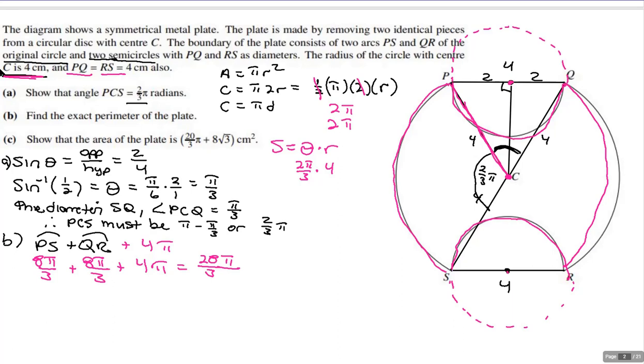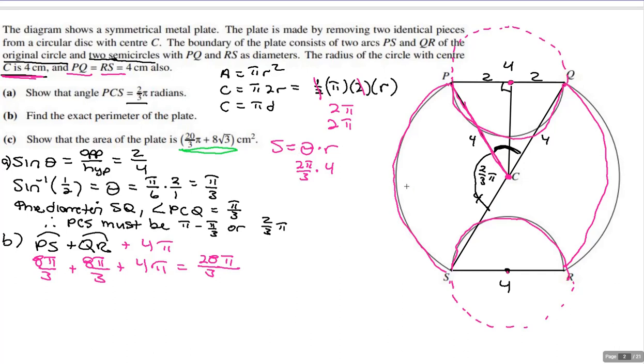Anyway, let's take a look at part C. Part C says, show the area of the plate is this. So how do we find the area? Hang on, I'm going to get rid of this stuff.